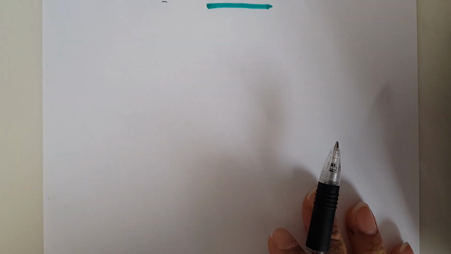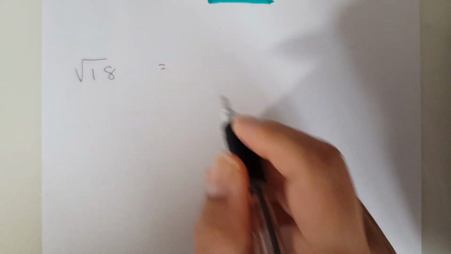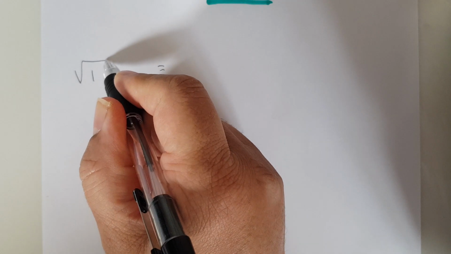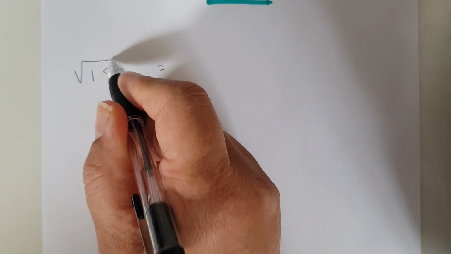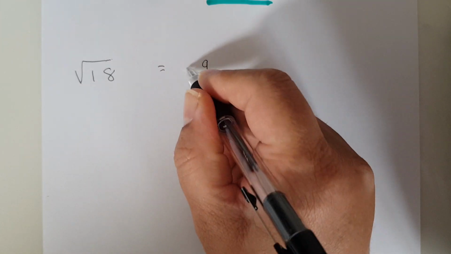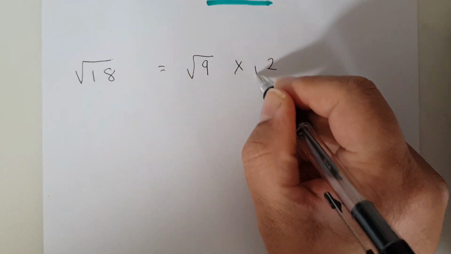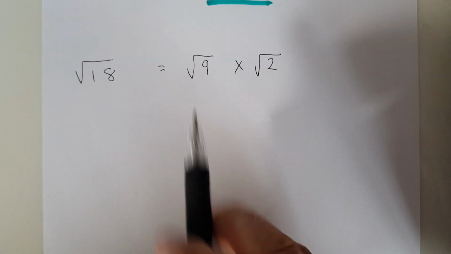Let's do another example. Let's do square root of 18. Again, it's definitely a surd. You can't square root 18 to get one whole number. So we find two numbers that make 18: 9 times 2.